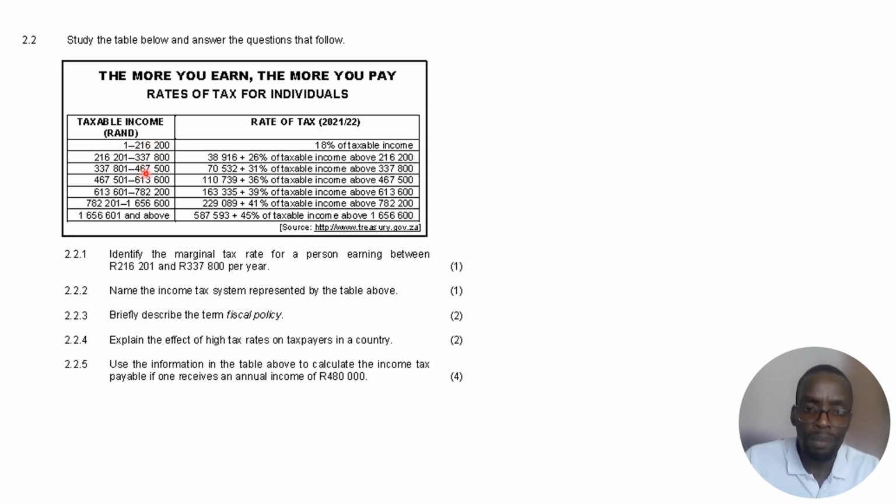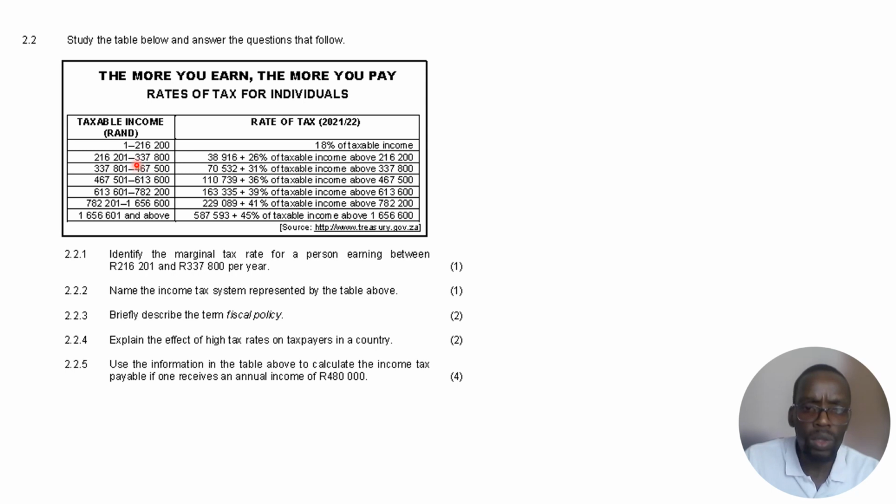For example, if someone is earning 10 rands as taxable income for the whole year, it falls between 1 rand and 216,200. So when calculating the tax for that individual, we are going to use this formula of 18% of the taxable income.